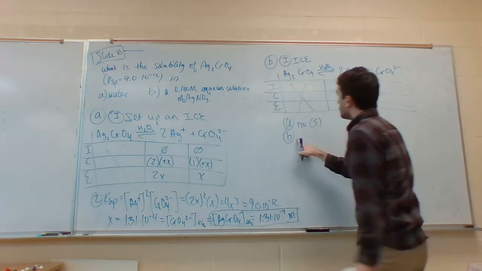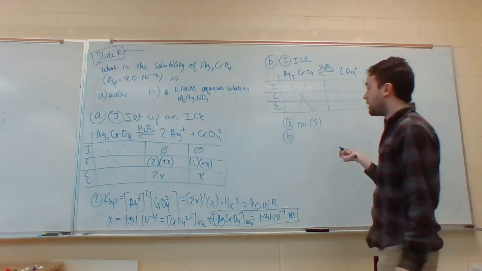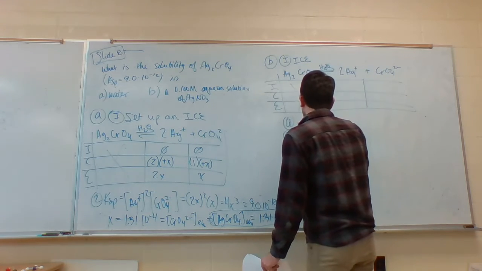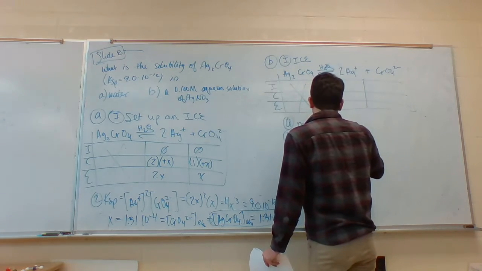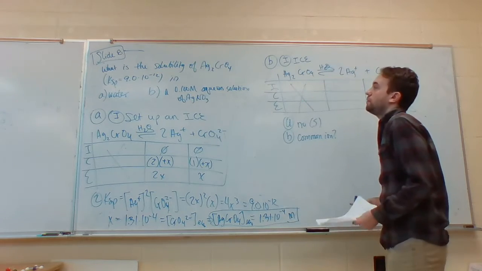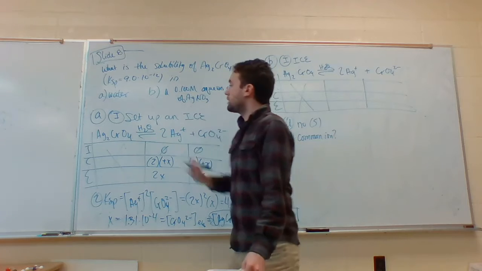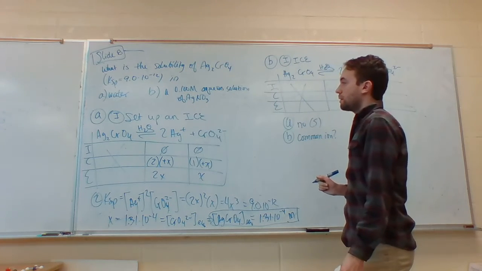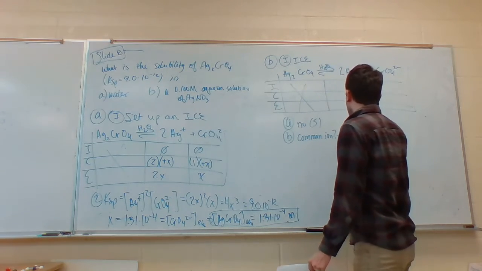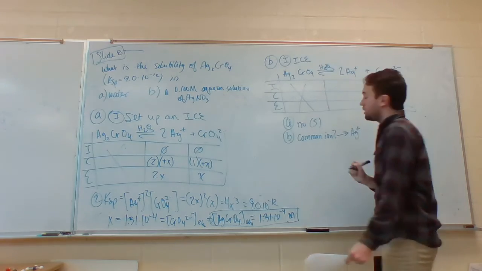Part B would have been, did we have a common ion? Okay, and so we have silver nitrate and we have silver chromate, right? That means that our common ion is going to be silver.